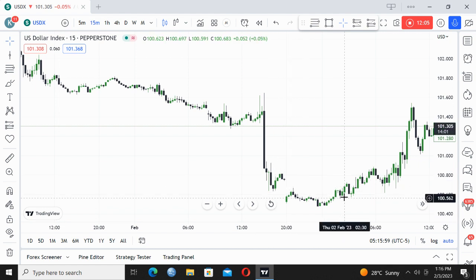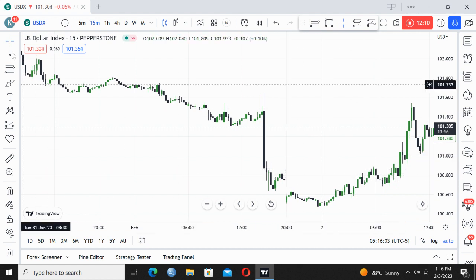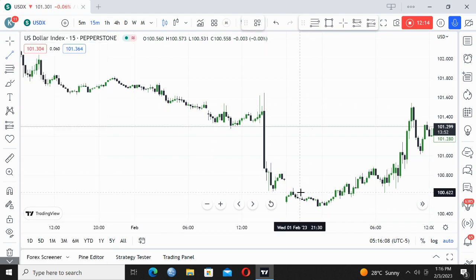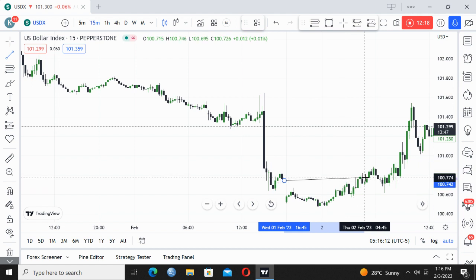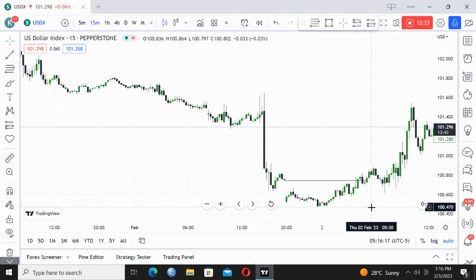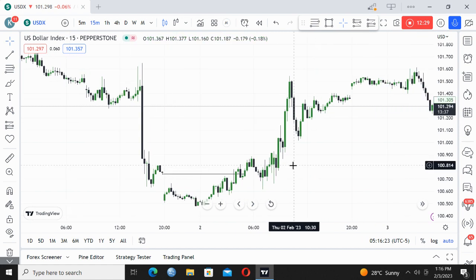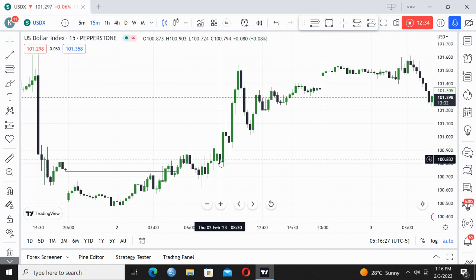This is day 2. It traded high to fill this gap here. Trading lower, now we have this gap here to fill. So this is the New York kill zone here.